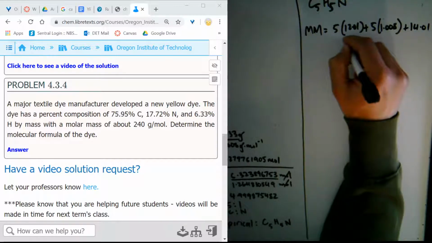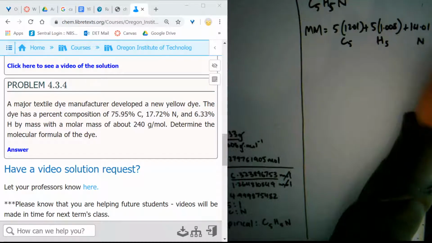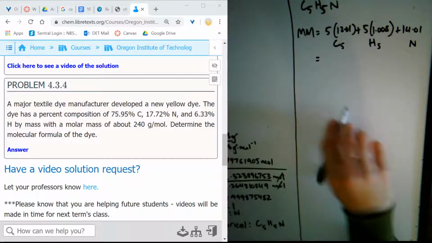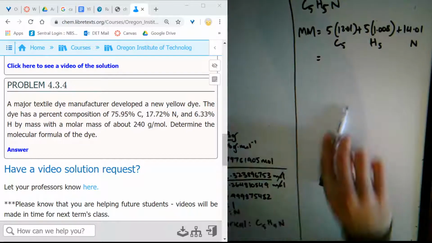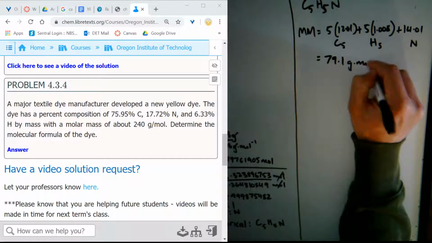That's my C5H5N. Just make sure you can see this. I'm going to do that on the calculator quickly, and you can put it in the calculator exactly as I've written it here. That's why I tend to do it that way. 5 times 12.01 plus 5 times 1.008 plus 14.01. And I get 79.1 grams per mole for this compound.